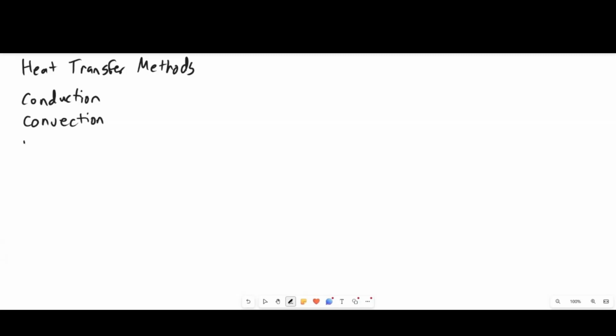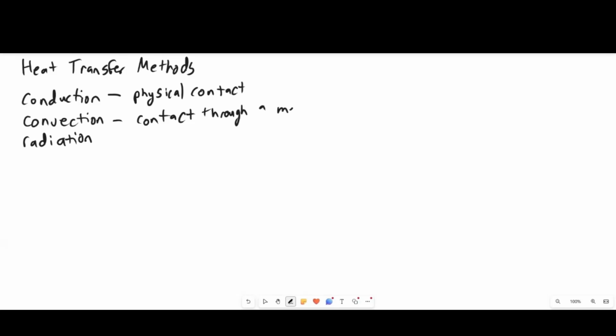Now that we've learned about heat transfer and latent heat, we're going to learn about methods of heat transfer. So there are 3 methods that we'll talk about for this class: conduction, convection, and radiation. Conduction, there has to be physical contact between the two objects with different temperatures. Convection, there is contact through some intermediate medium like air or a liquid.